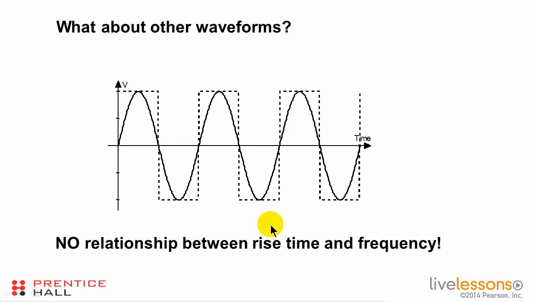So there's no particular relationship between rise time and frequency for waveforms in general. Only in the case of a sine wave or in special kinds of waveforms we may decide to look at. But in general, there's no relationship between rise time and frequency.